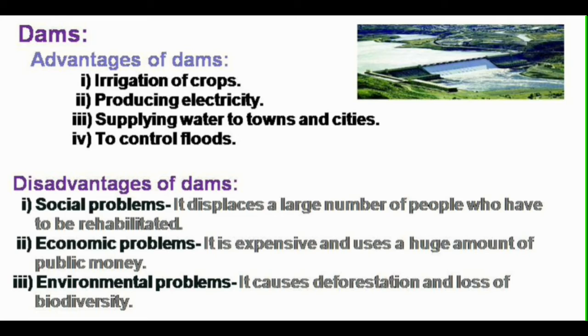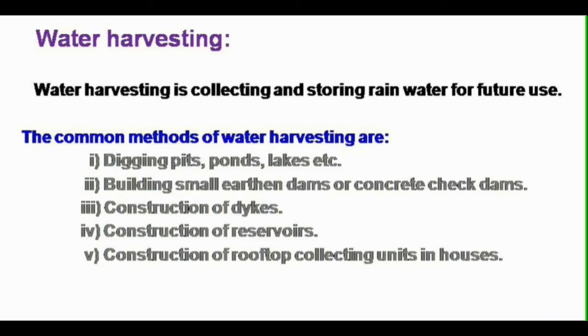Yet there are other methods to save water, especially fresh water that is found in rain. So we need to use a term now, that is water harvesting. So what is water harvesting? Water harvesting is collecting and storing rainwater for future use.